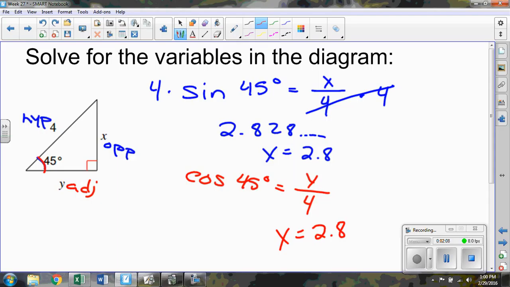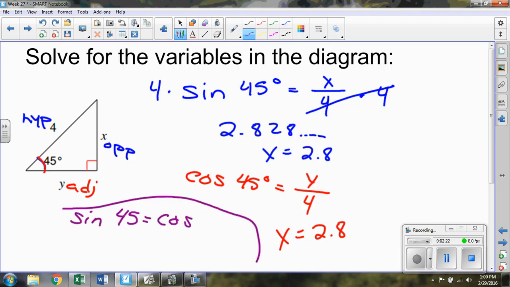I'm able to recognize that pretty quickly because remember what the cofunction theorem tells us? The cofunction theorem told us that sine can be turned into cosine by doing what? By taking the complementary angle.